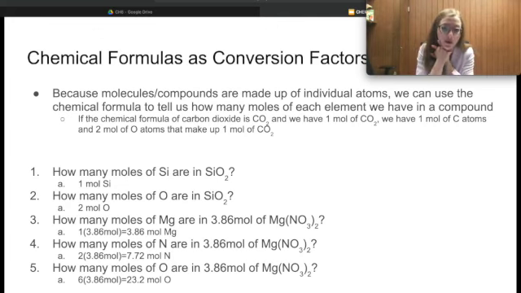So we get 23.2 moles of oxygen in this case. So while I've been trying to explain this and put it into words, what we're really doing is just taking the subscript and multiplying by the number of moles of the total compound. And that's how we can figure out how many moles of each individual atom we have.